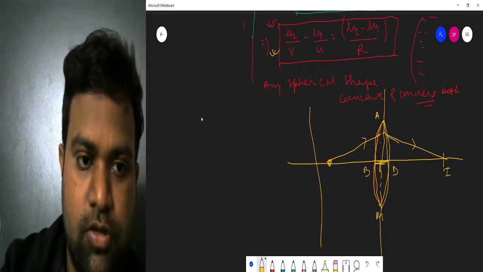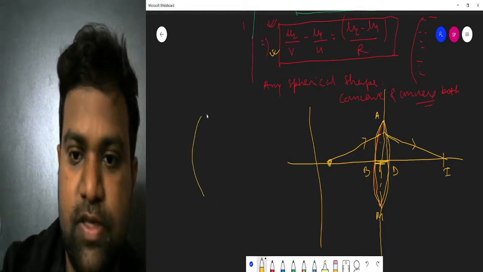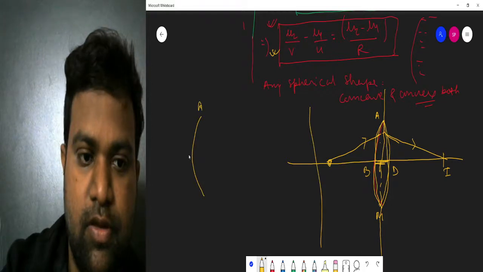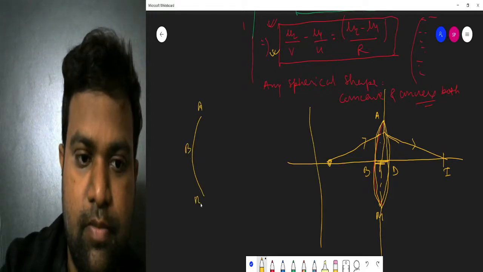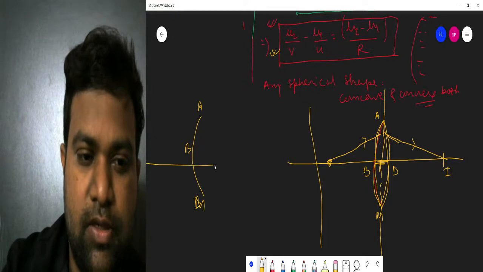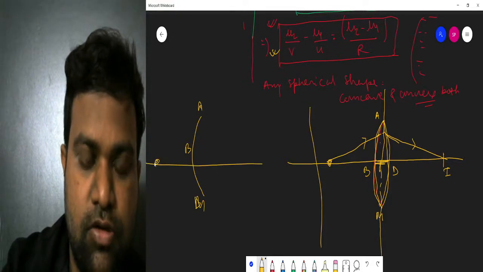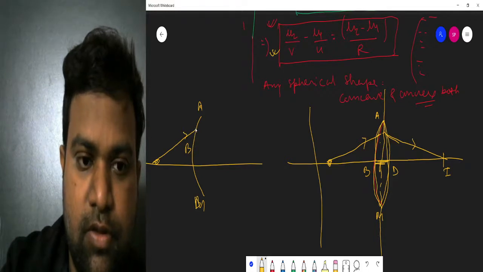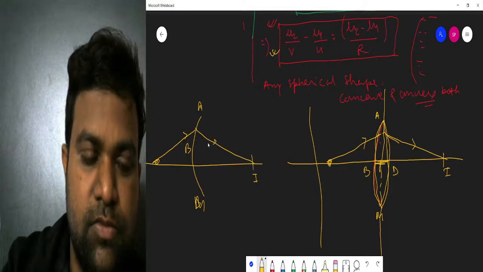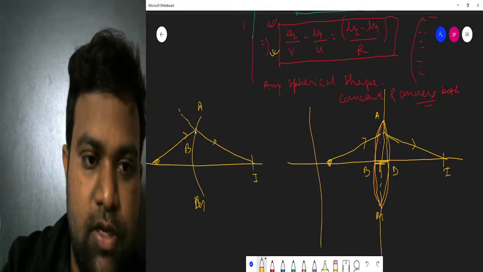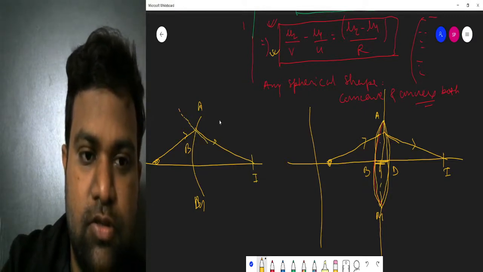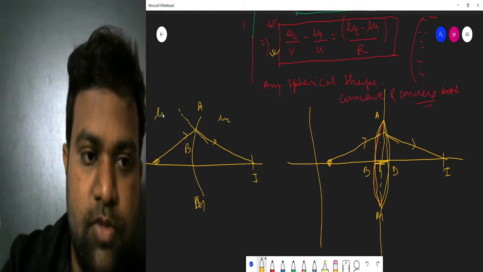medium. So if we split this diagram in two parts, it will look like this. This is your first surface ABM, and light, this is your axis, let's say this is your object. In this surface the image will be formed somewhere here, and this is your normal, and this is your mu2, this is your mu1.